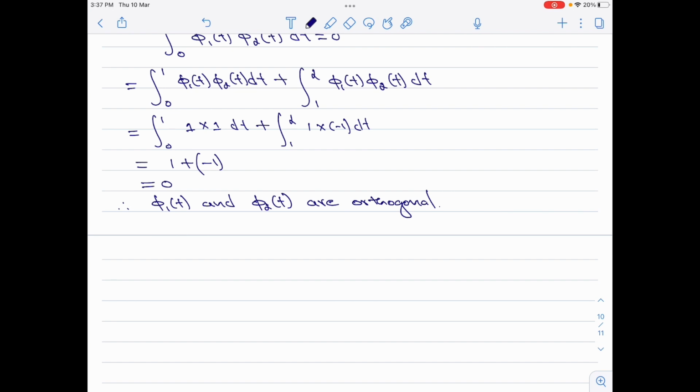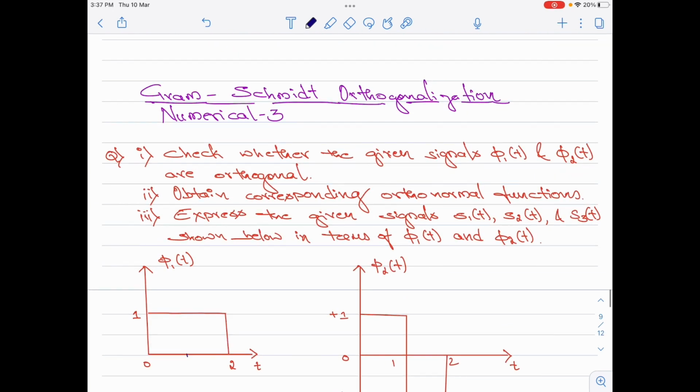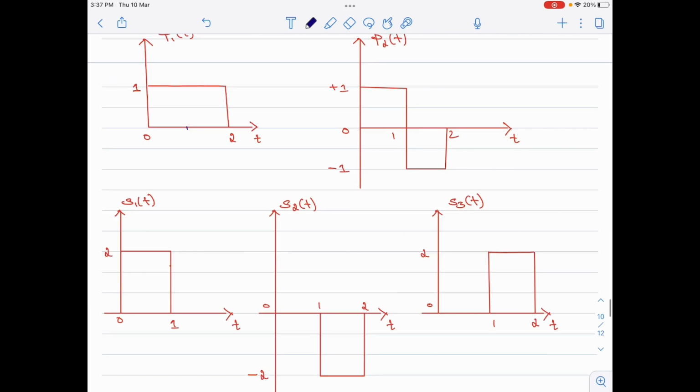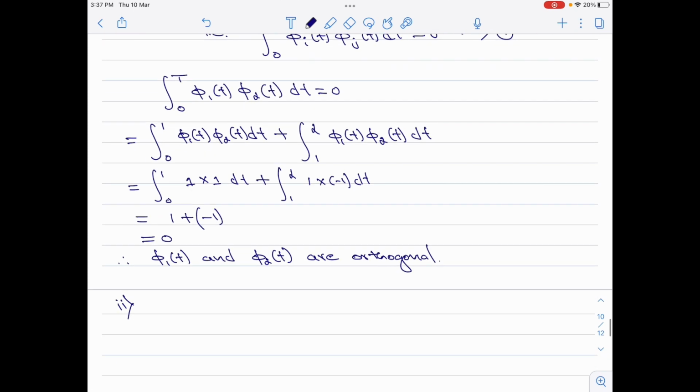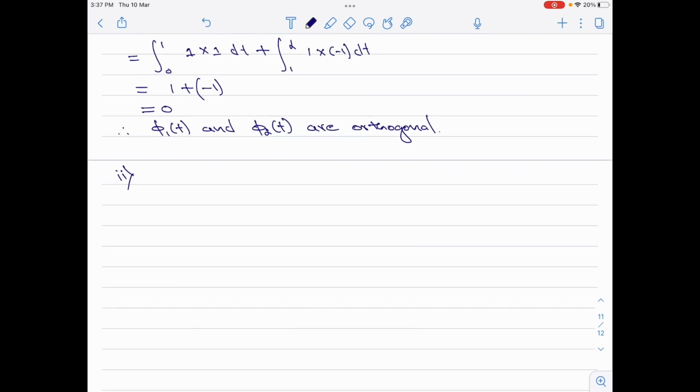Let us now move on to find the part B answer. Part B of the question says, obtain the corresponding orthonormal functions. But please note, we did not check whether the signals are orthonormal or not. How to find whether a given signal set is orthonormal? It is quite simple.